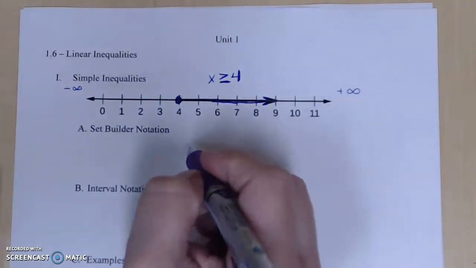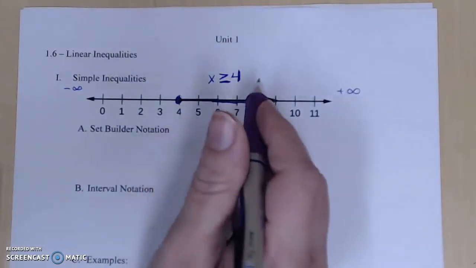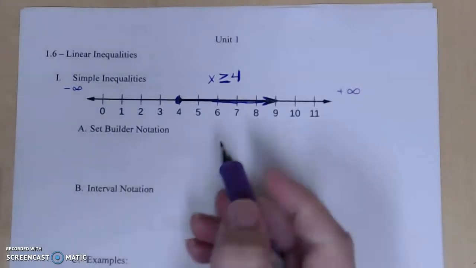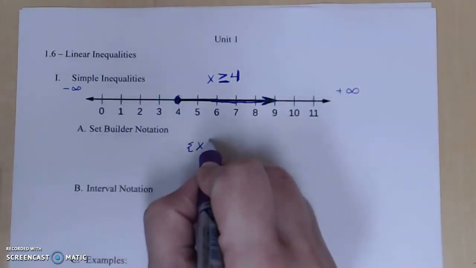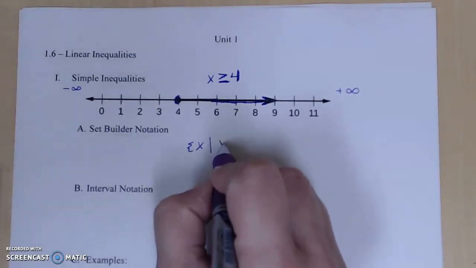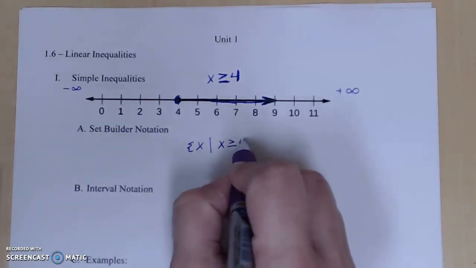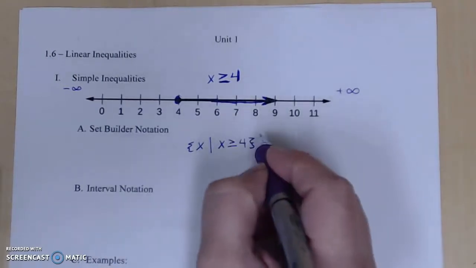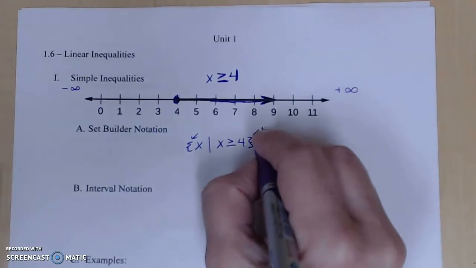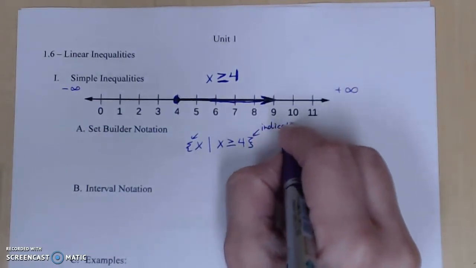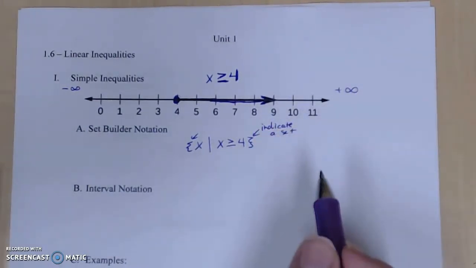And then we have other ways that we can write this inequality in other notations, such as maybe set builder notation. Set builder notation has a curly bracket, x, straight up and down, and then our inequality, x is greater than or equal to 4. You include these curly brackets here to indicate that it's a set of numbers.